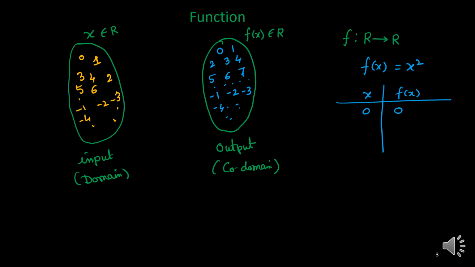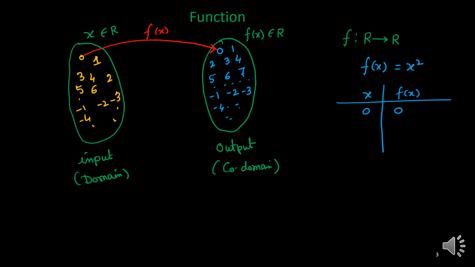I choose 0 from the input, and it is mapped to 0 in the output, the codomain. So from the domain 0, in the codomain another point 0 is mapped. This is the function f of x.